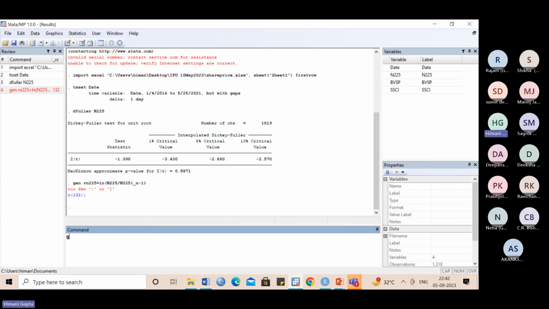Wait, gen Rn225 equals ln. I think I have not closed the bracket.